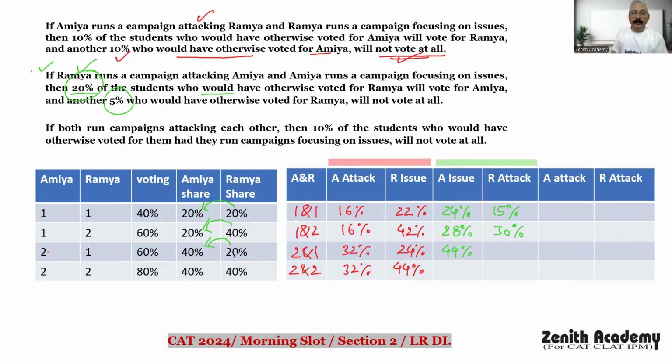And 5% do not vote, so 5% is 1. So 4 and 1, 5 is 15. And here 20% is 8, so 48. And 5% is 2. So 8 plus 2, 10. There is a loss of 10, so 30% remains.